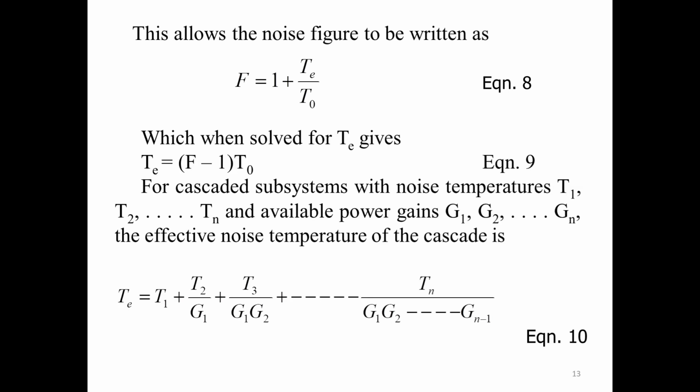For cascaded subsystems with noise temperatures T1, T2, Tn, and available power gains G1, G2, Gn, the effective noise temperature of the cascade is given as Te equals T1 plus T2 over G1 plus T3 over G1 G2 plus, until you get to Tn over G1 G2 up to Gn minus 1, equation 10.